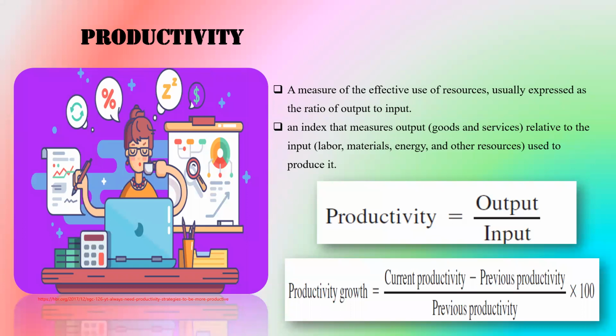Another definition would be an index that measures output. So the output may be in the form of goods and services or both relative to the input. So the input may be in the form of either labor, materials, energy, and other resources used to produce it.